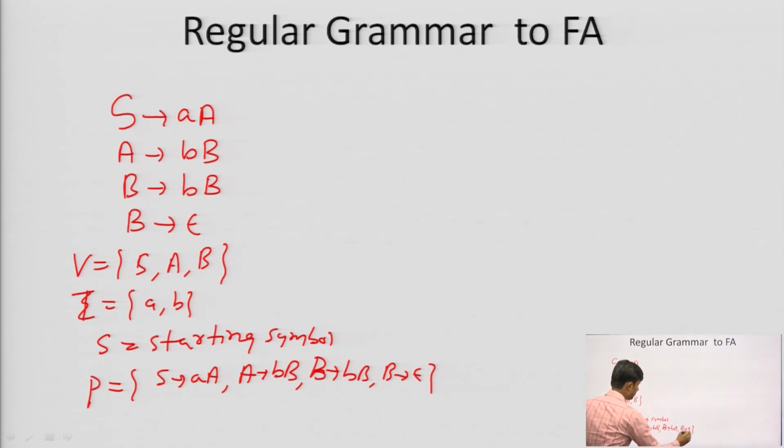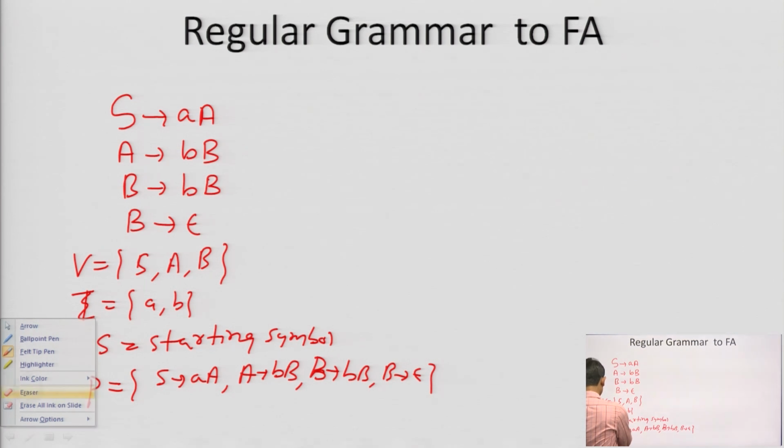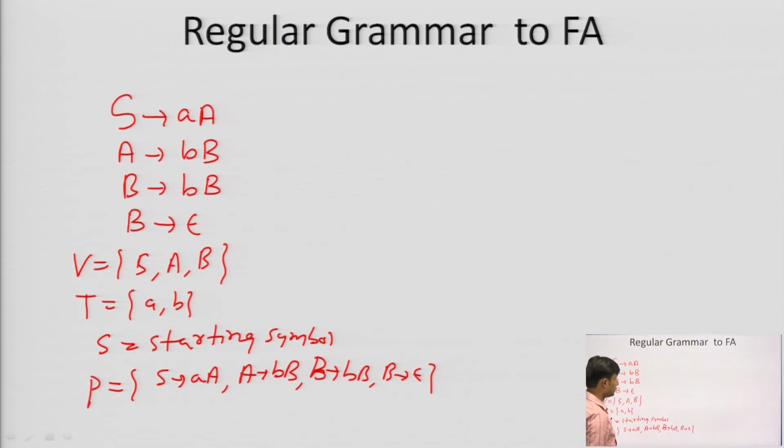These are the productions. So, this grammar represents V, T, P, S: variables, terminals, productions and the starting symbol. Now we have to convert it; already we have seen the rules.